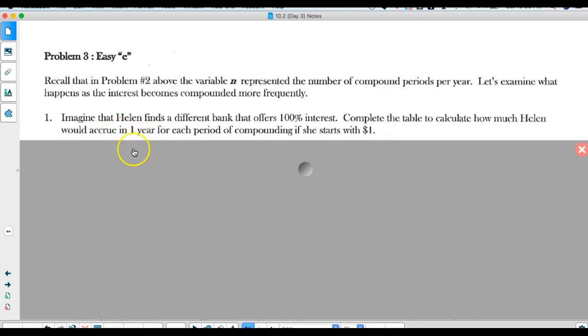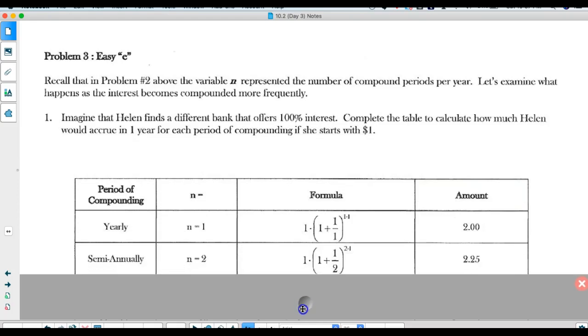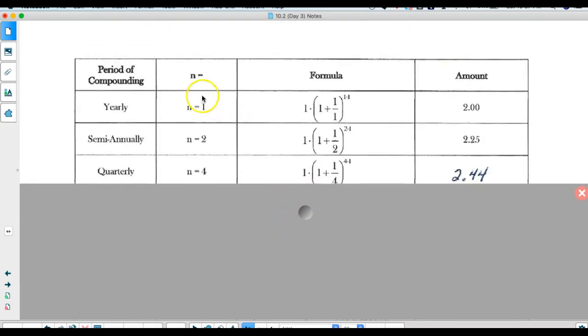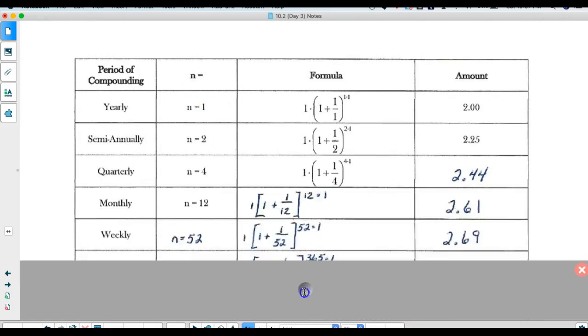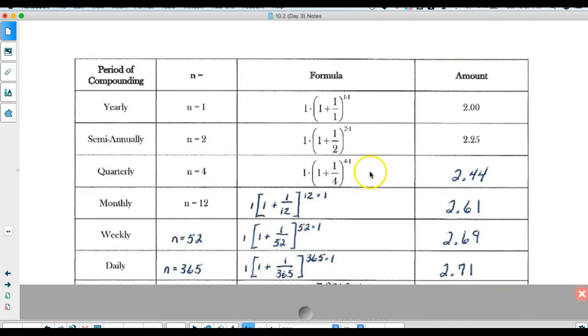If Helen were to invest $1 and let it sit in the bank for a whole year, we are going to see what happens to her interest as the number of times compounding increases. In this table, we're taking n from 1 to 2 to 4 to 12, so annually, semi-annually, quarterly, monthly, weekly, and then 365 for daily.